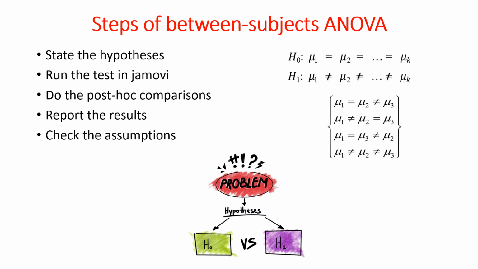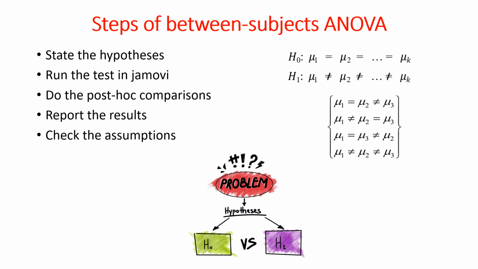The alternative hypothesis states that in at least one pair of the groups, you see a difference in the mean. This could be between group 2 and 3, or group 1 and 2, or group 1 and 3. So at least in one of these groups, you're going to see a difference, or even in all of these groups.